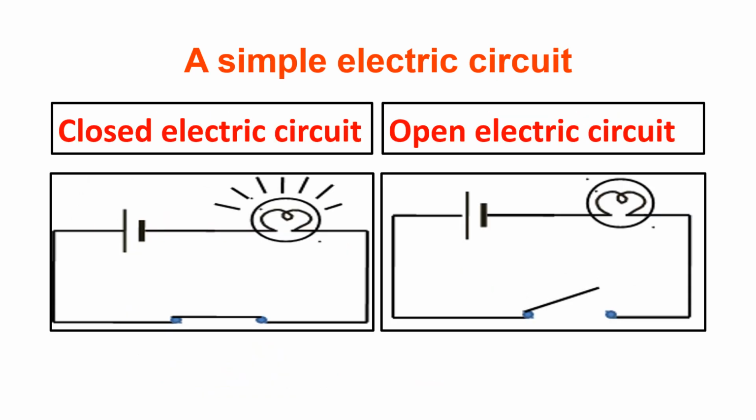Now next, a closed electric circuit, that means switch on. You can draw it on your paper and understand very well. An open electric circuit, if you switch off, is called an open electric circuit.